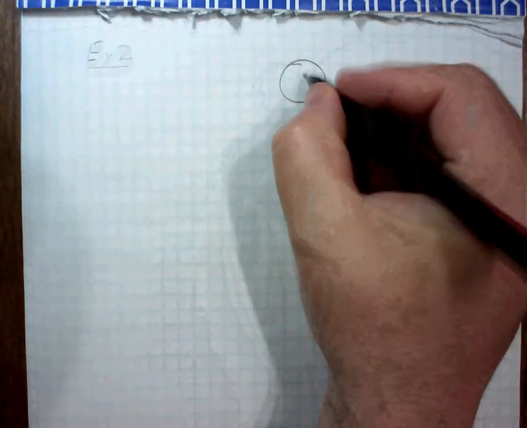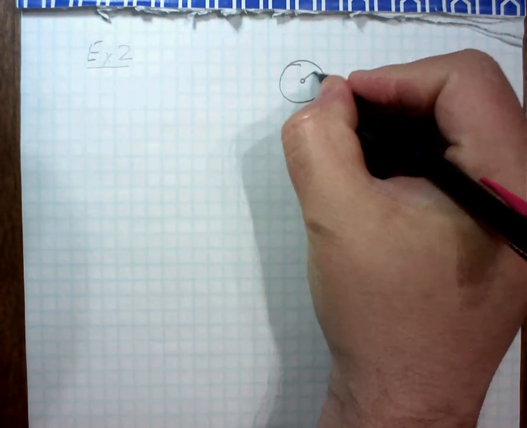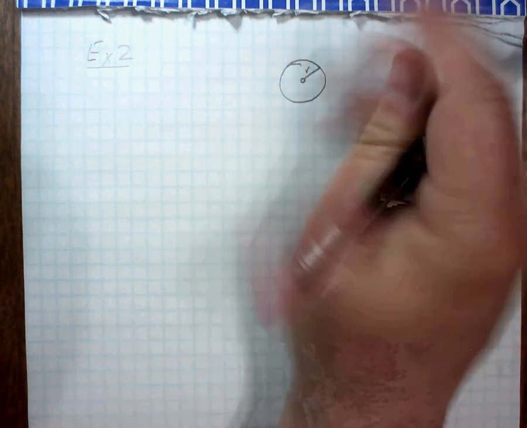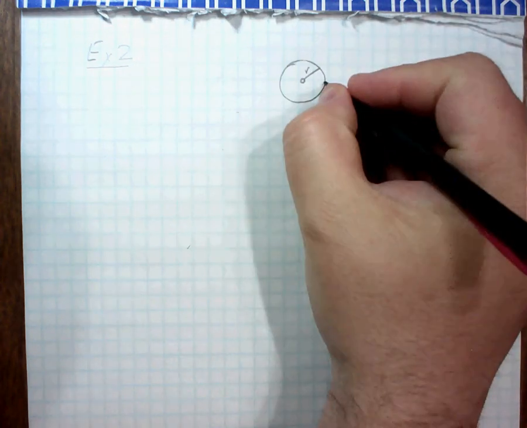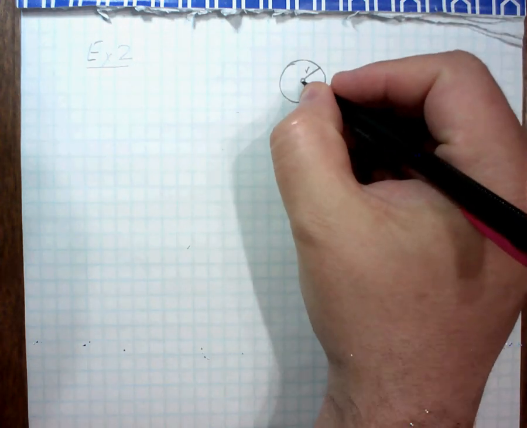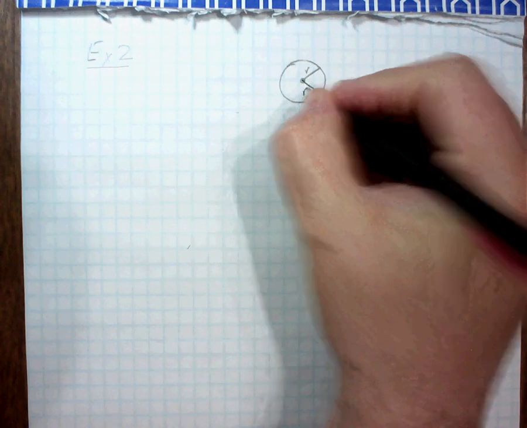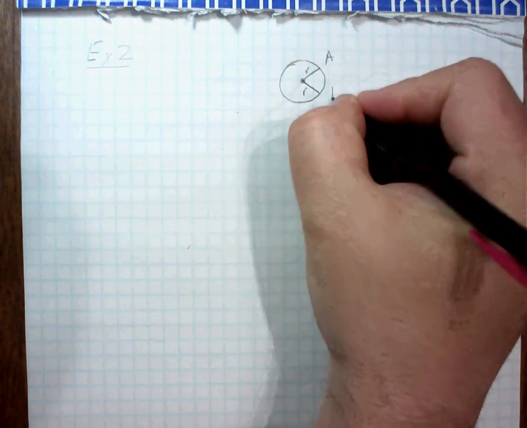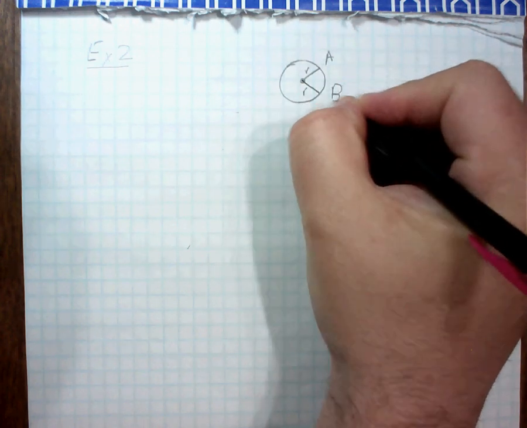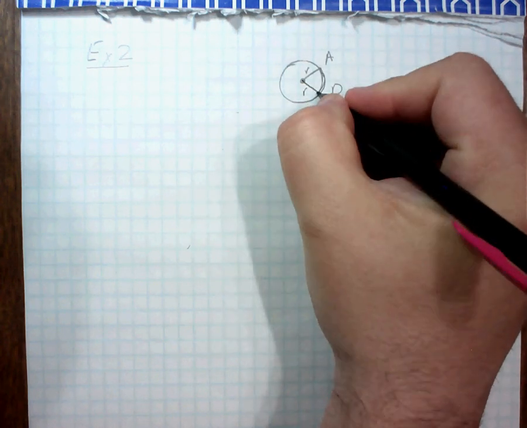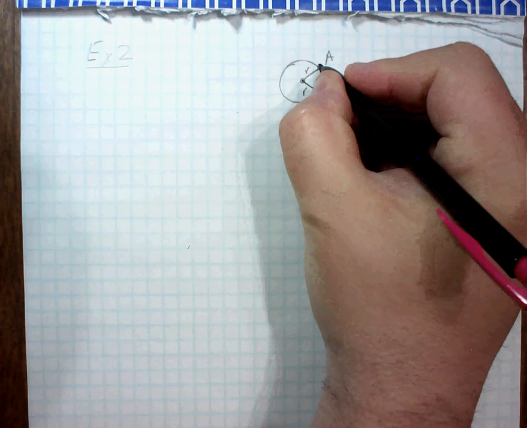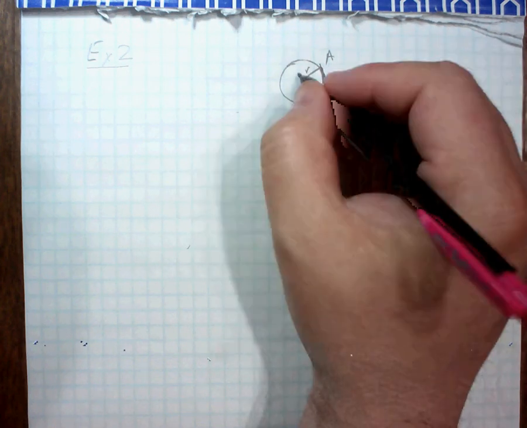So if I have a circle, and that circle has a radius, and we measure from one part of the circle to another part on the circumference, like from here to here, like this is point A and this is point B, we can measure just this part right here, and that would be the arc length. Now that's a portion of the circle.